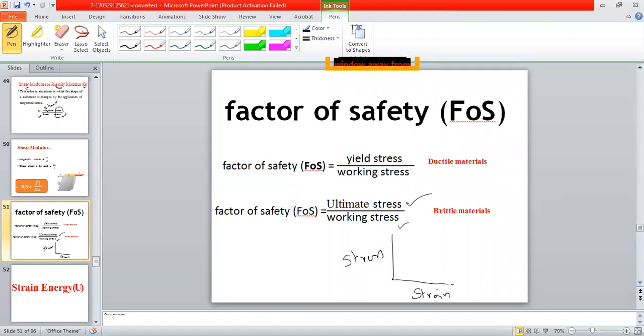On the graph we have seen the yield stress, the ultimate stress, and the fracture stress or failure stress. Therefore, for ductile materials, we need to consider the yield stress, and for brittle materials, we need to consider the ultimate stress. So what is the working stress?